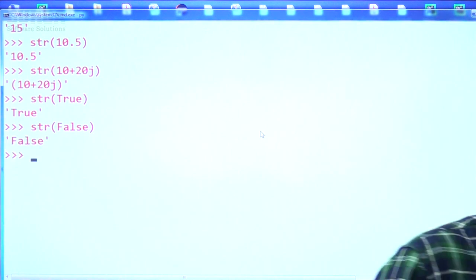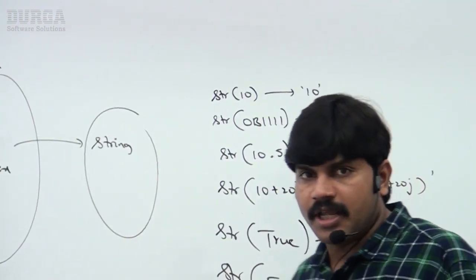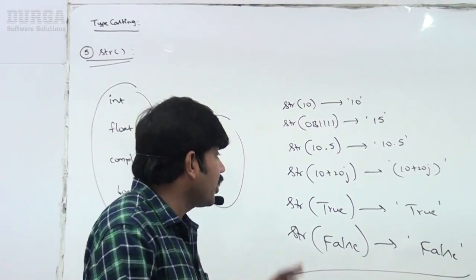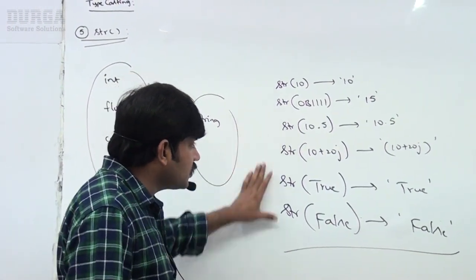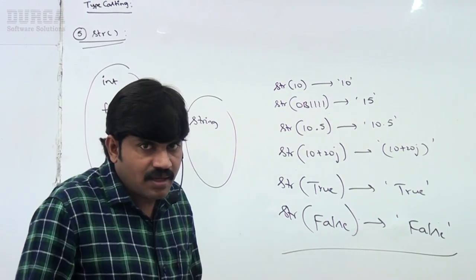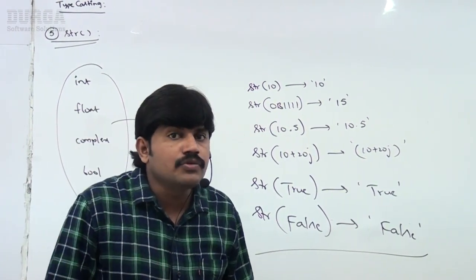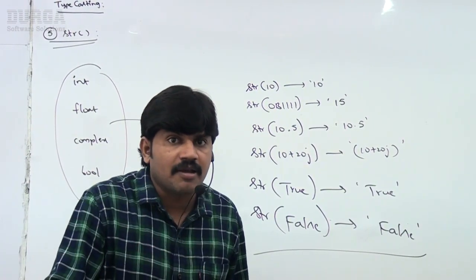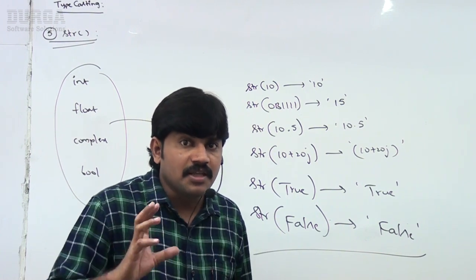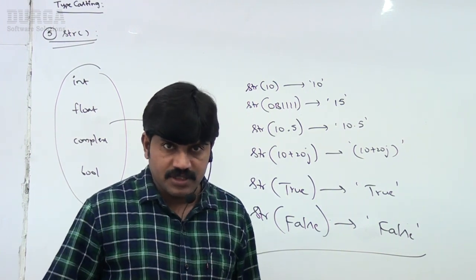Okay, clear, right? So this is how to convert other types to string type, how to use the str function, right? That's all. It's very clear how you can perform typecasting by using these Python inbuilt typecasting functions. Clear, right?